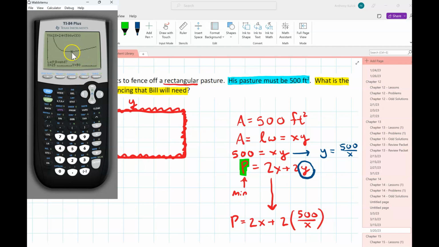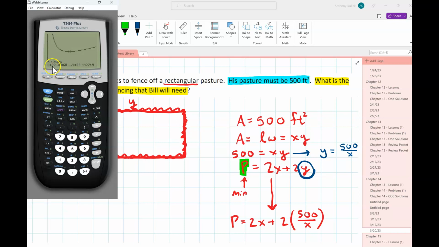So I'm going to start by moving my cursor somewhere left of where I think that minimum is. That looks good. I'll press enter there. Then it says right bound. So I'm going to move my cursor somewhere to the right of where I think that minimum is, just past that little flat looking section. That looks good. Press enter. Guess doesn't really matter as long as it's in between the two.